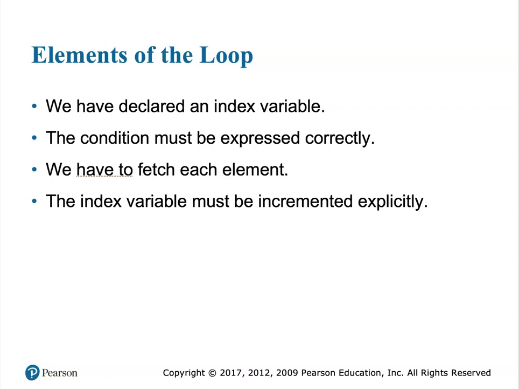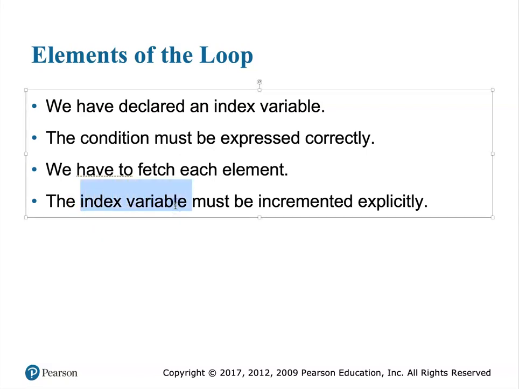We have to make sure that our condition is expressed correctly so that we have a way to get out. Then we have to get each element from the collection. And then at the bottom of the loop, before we come back up to the top, we need to change that index variable to move forward. Because if it never moves forward, then we will never hit the end condition and we'll be stuck in the loop forever.